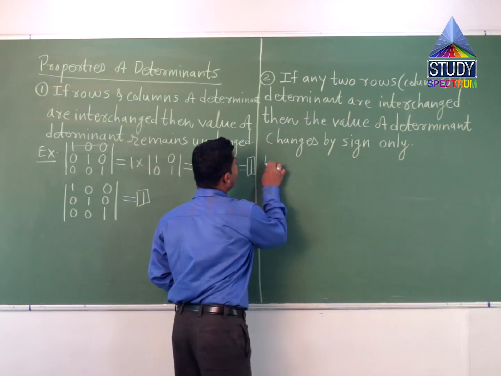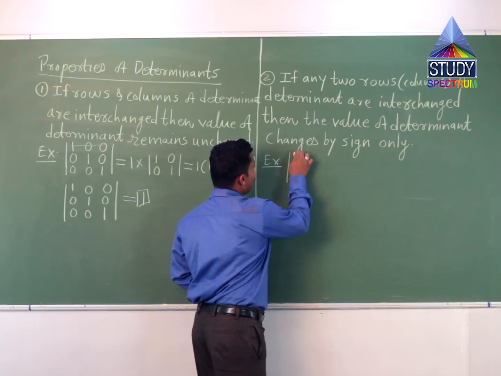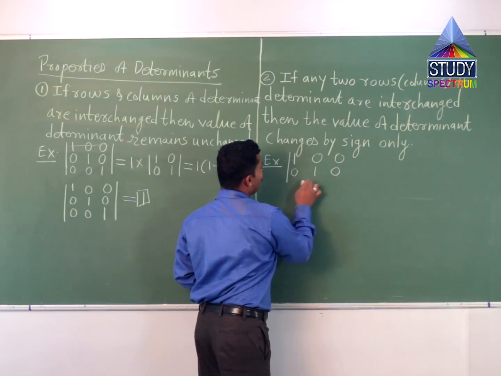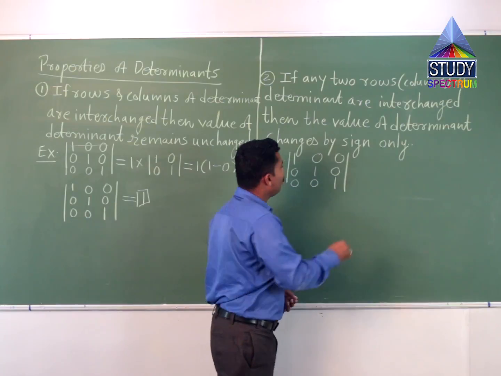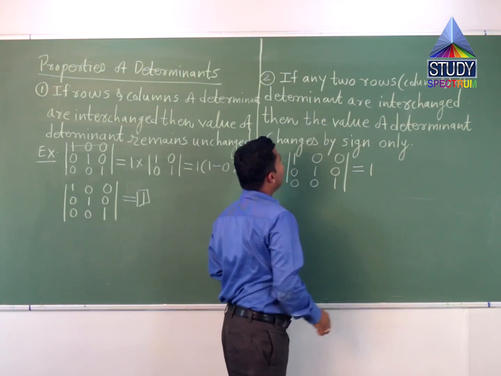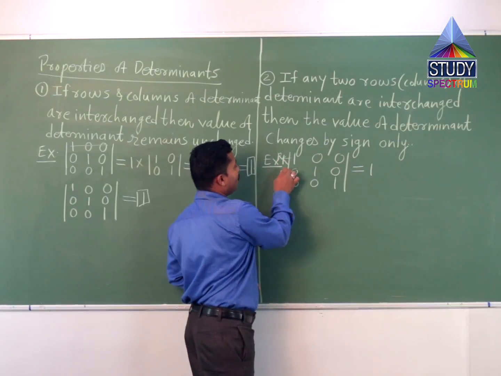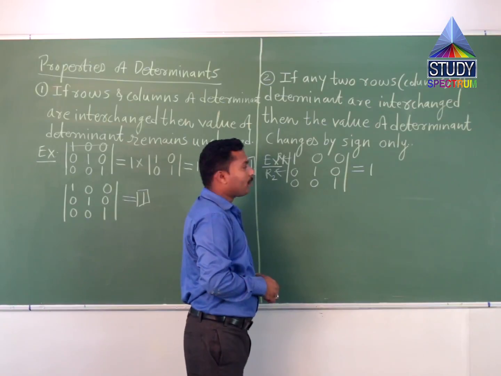So what example? The determinant of 1 0 0, 0 1 0, 0 0 1 is equal to 1, and we interchange the rows. We interchange the first row R1 with the second row R2, and we discuss what happened.